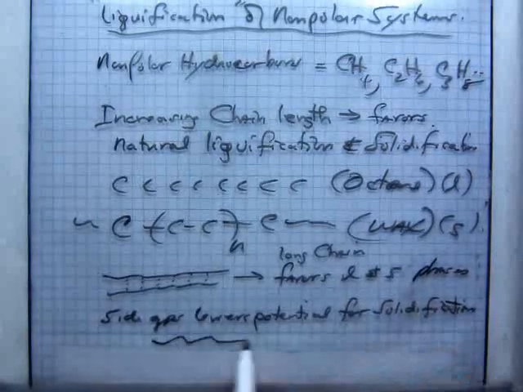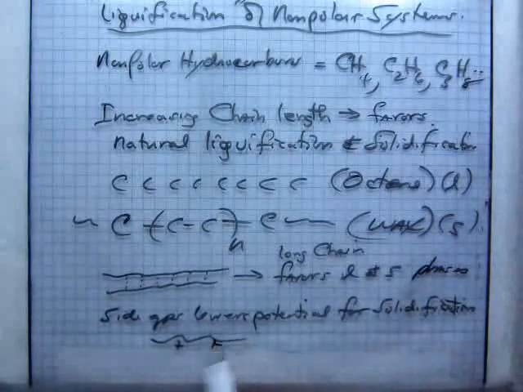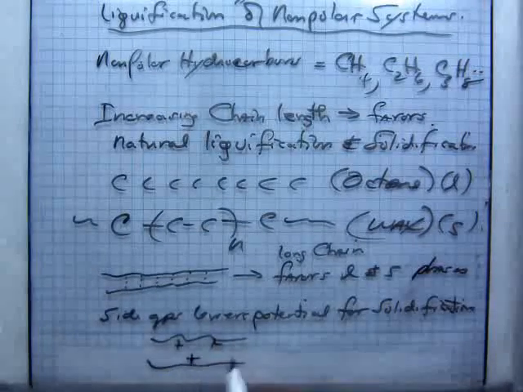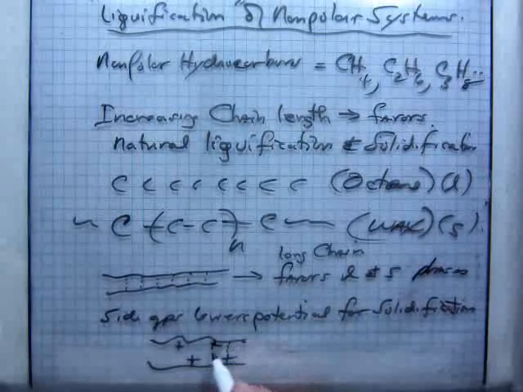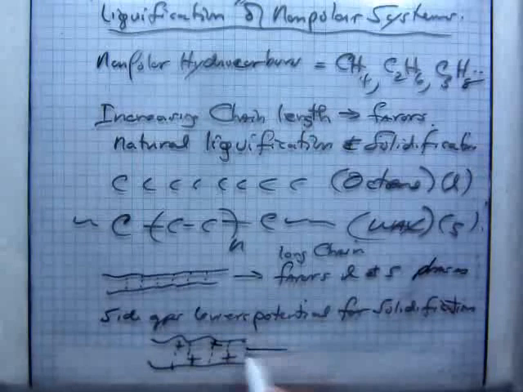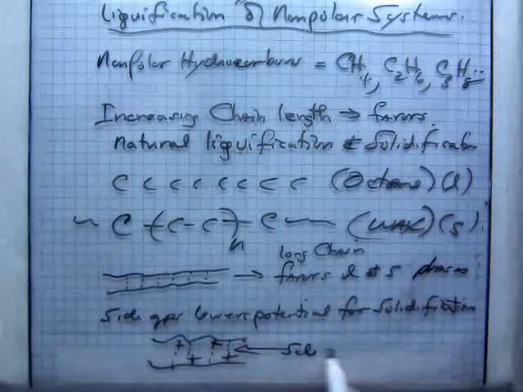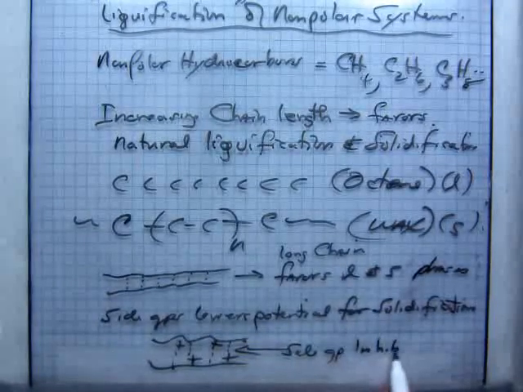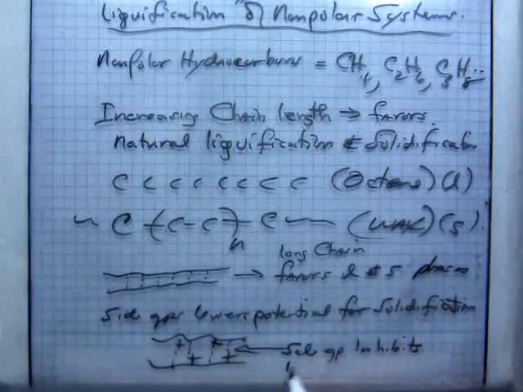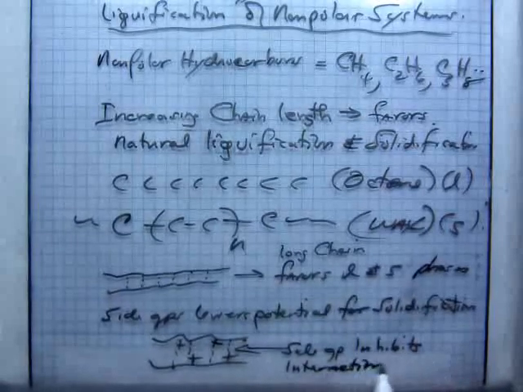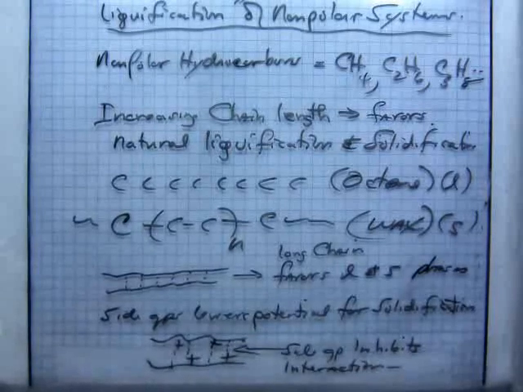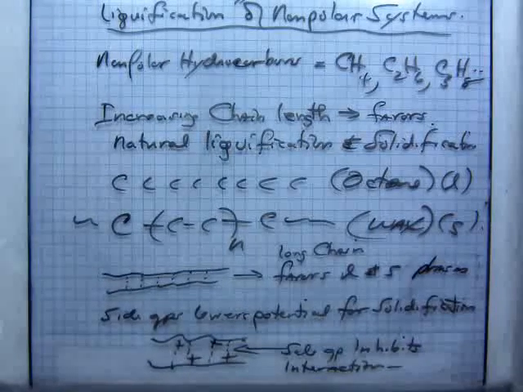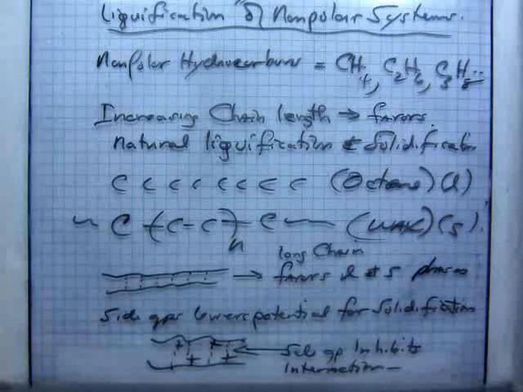For example, you have a long chain and you put a group on the side of it like this, well, it's going to have a hard time getting into the connection. So the London forces just aren't there. Waxes melt very easily, as you know, because while they're long chains, there's a weak interaction between the surfaces.